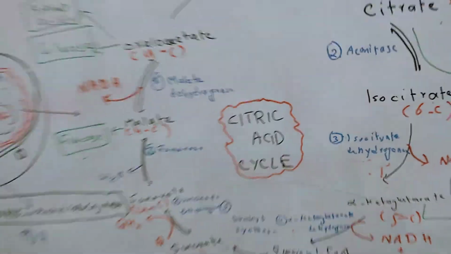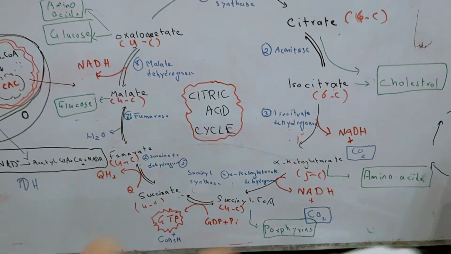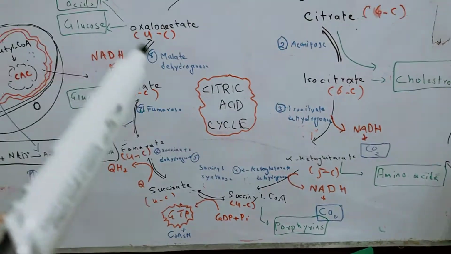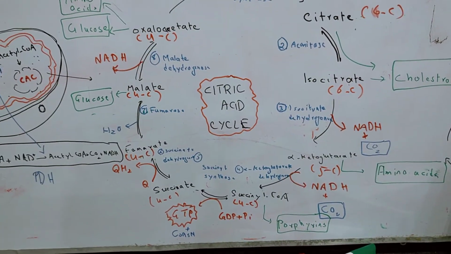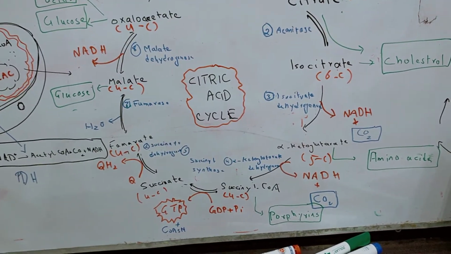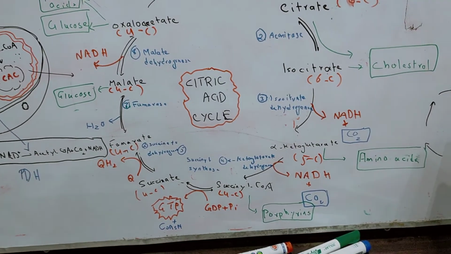Now, if you look at the bioenergetics of the citric acid cycle, you see that at 3 points, NADH here, here and here, NADH is produced, and I told you that 1 NADH has energy equal to almost 3 molecules of ATP.